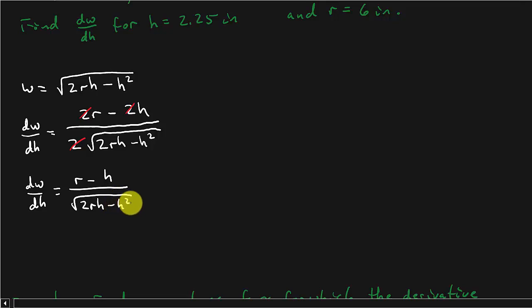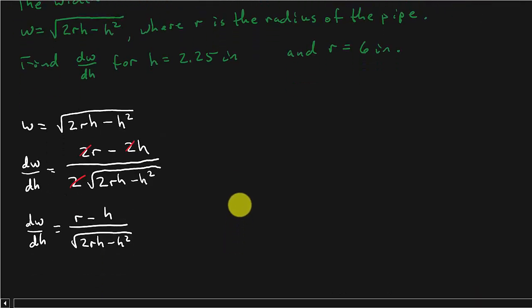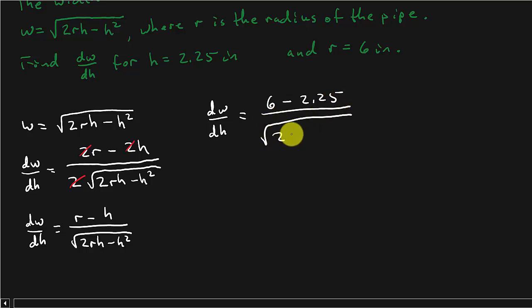And then what do they want us to do? They want us to evaluate this when H is equal to 2.25 and R is 6. All right, so dW/dH evaluated at those is going to be 6 minus 2.25 over the square root of 2 times R, which is 6, times, oh, wait a minute.